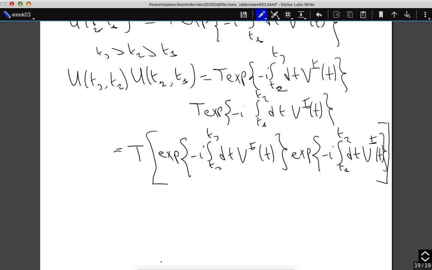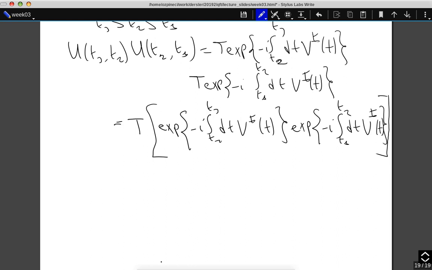Now, since these V_I of t's are operators and they need not commute with each other, in general I cannot combine the exponentials. For operators, e to the power A times e to the power B is not equal to e to the power A plus B in general. Sometimes they are, but most of the time they are not equal. But here all the ordering is done by the time ordering operator.